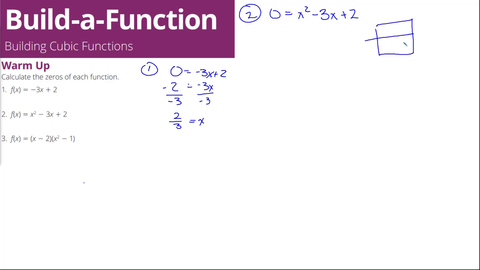So when you use that box, the x squared goes here, the 2 goes here. And this is 2x squared, the product of those two, and negative 3x goes here. So what multiplies to give me 2x squared, but will add to give me a negative 3x?